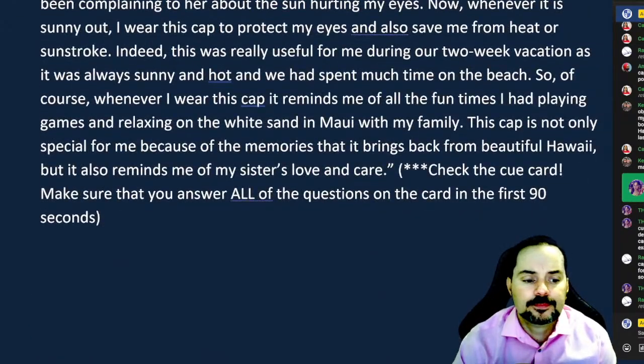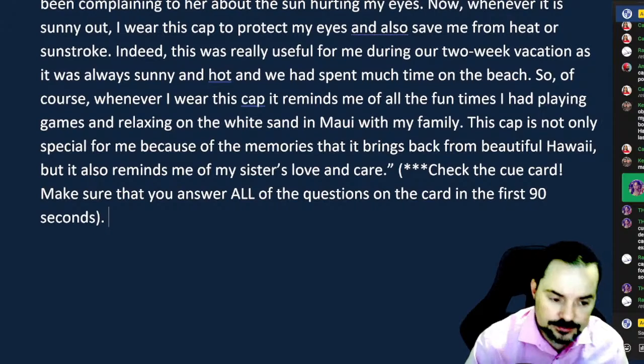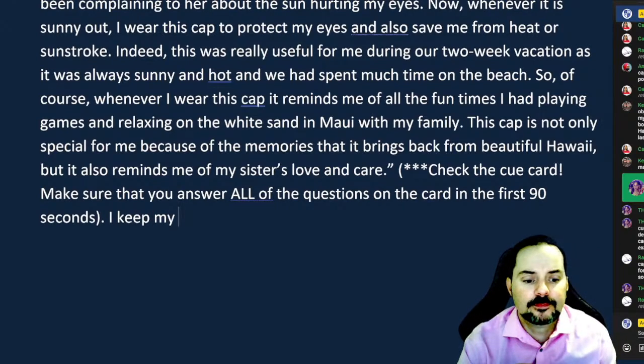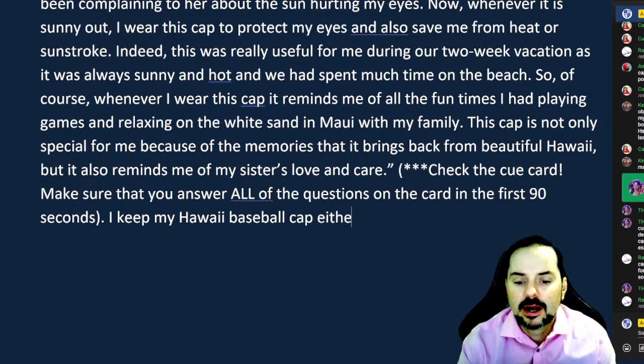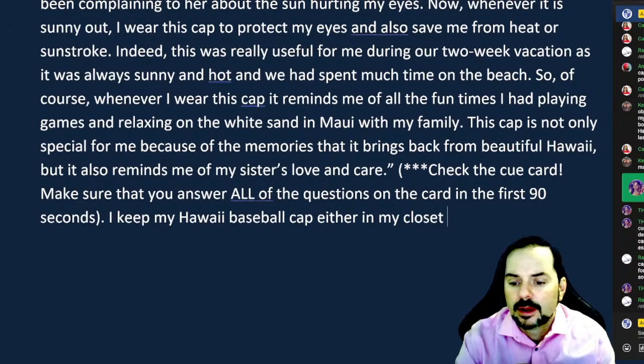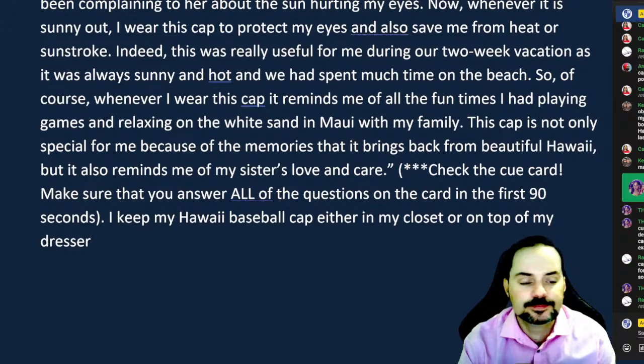So, I keep my Hawaii baseball cap either in my closet or on top of my dresser.